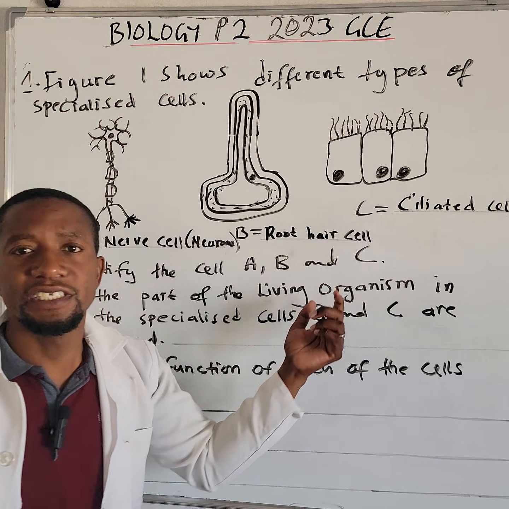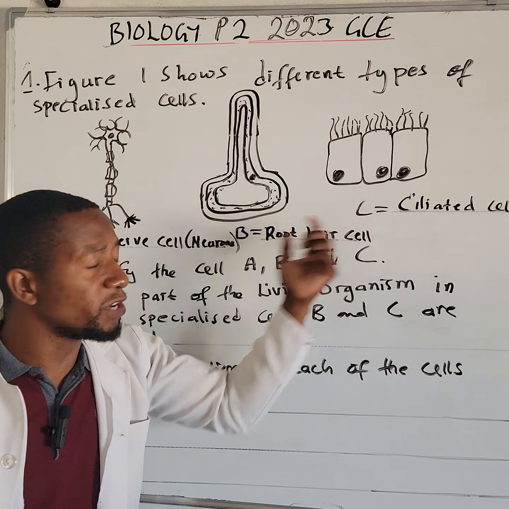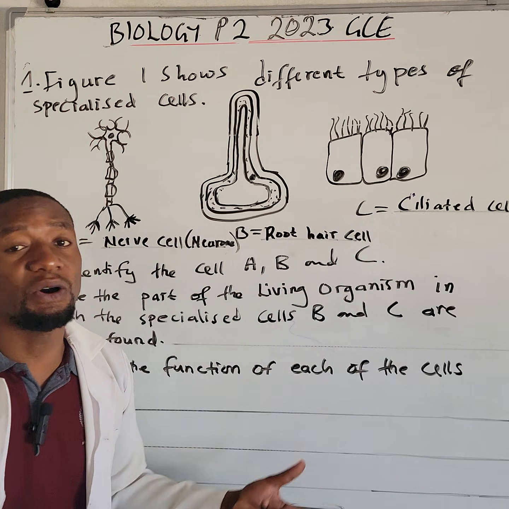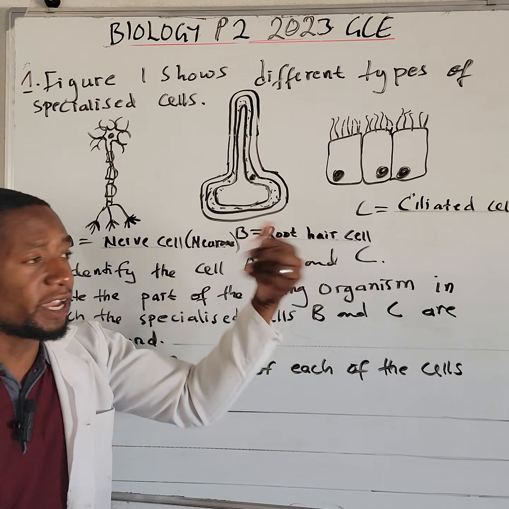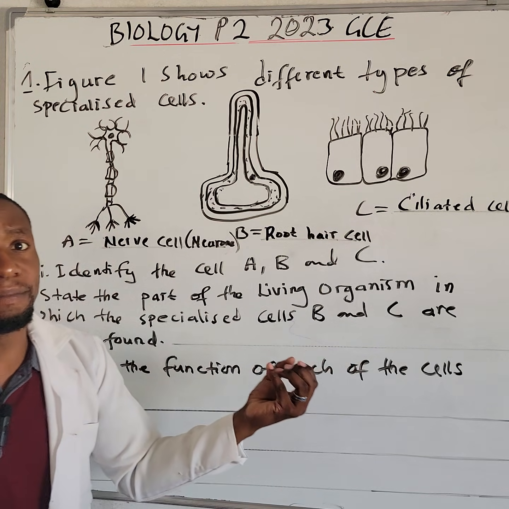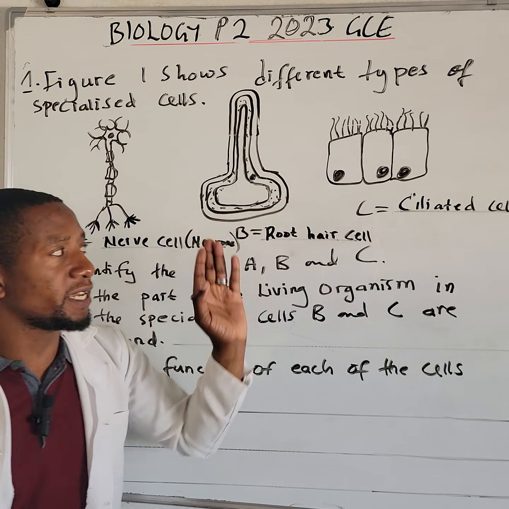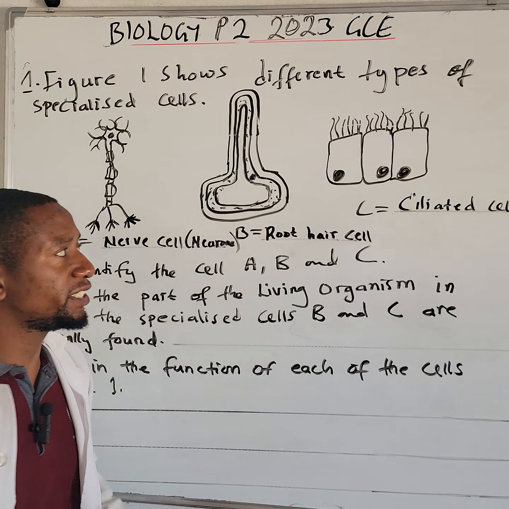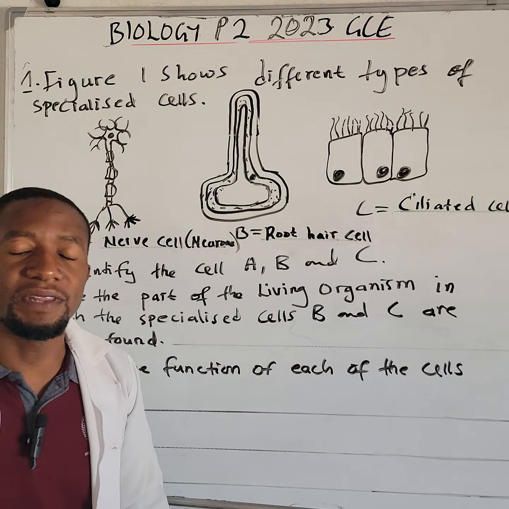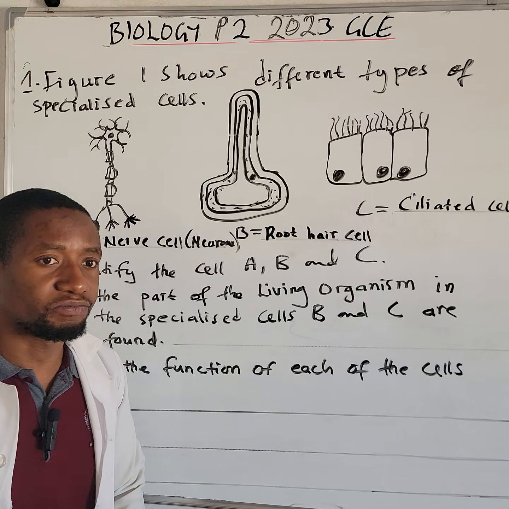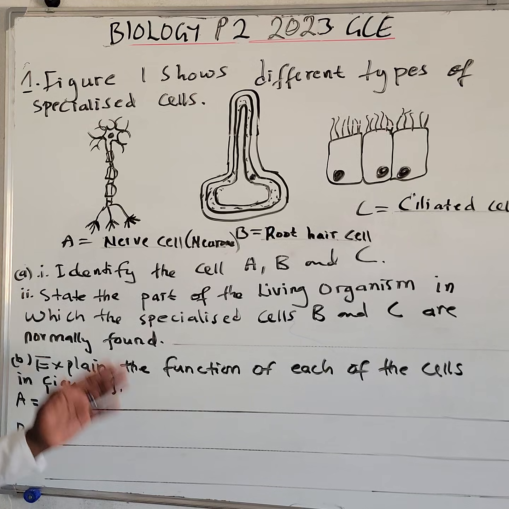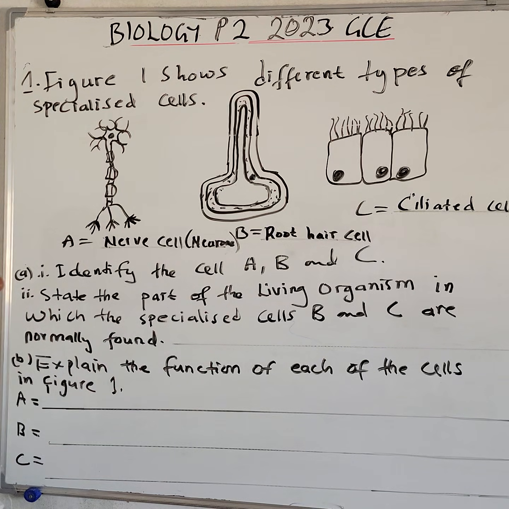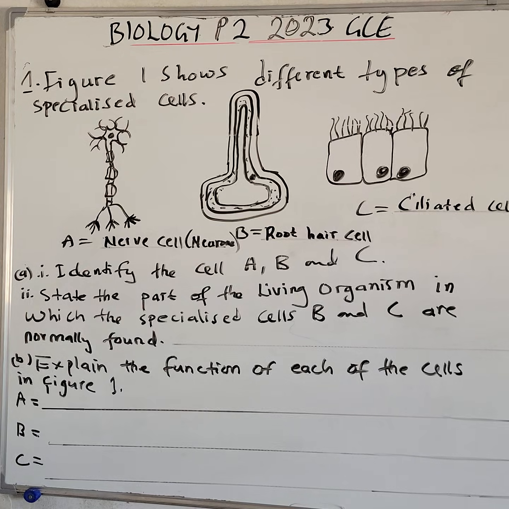They can be found in the respiratory tract and also in the oviduct, and they carry out functions there. Like I said during my preamble, how these specialized cells function is not the same as how the other cells function.